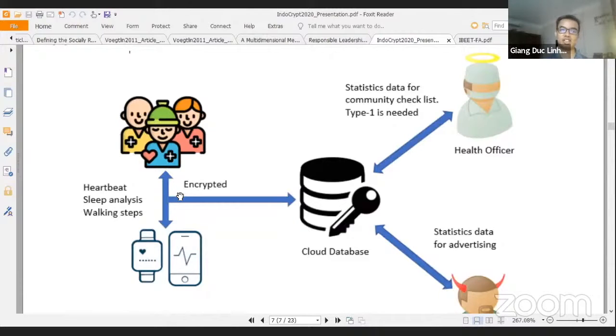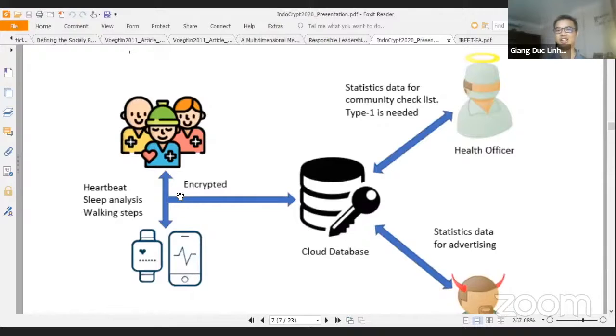People in the community can wear some devices and track their information. Usually it will be uploaded by a smartphone, and before the upload, we encrypt it and it is stored in a database. Usually if this database is managed by the government, then a health officer does regular checks on all the people in the community.